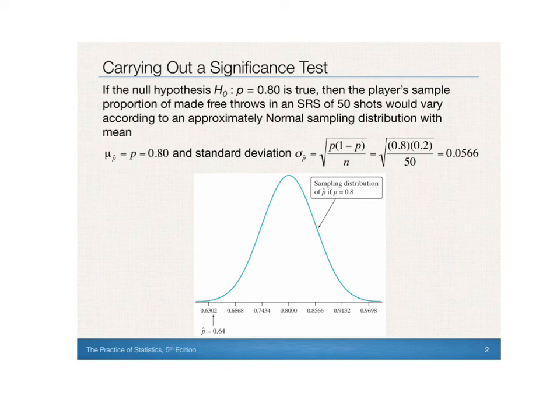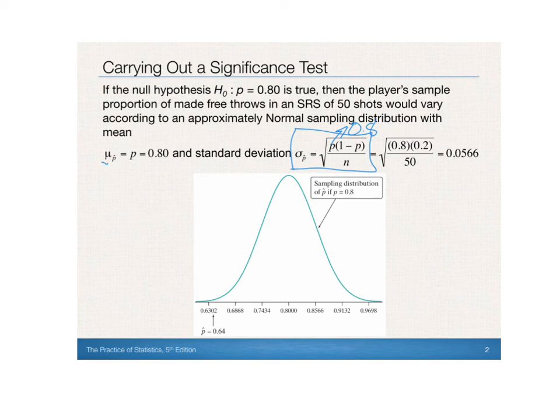We use the same formula that we've seen already for standard deviation, and we fill it in with the square root of p times 1 minus p over n. p is the assumed value. So we're going to assume that p is the value that they gave us, aka 0.8 or 80% in this example. That's how you find the standard deviation.